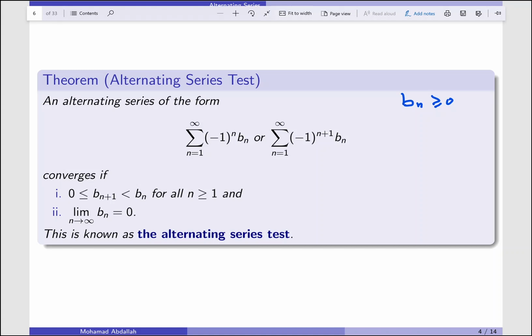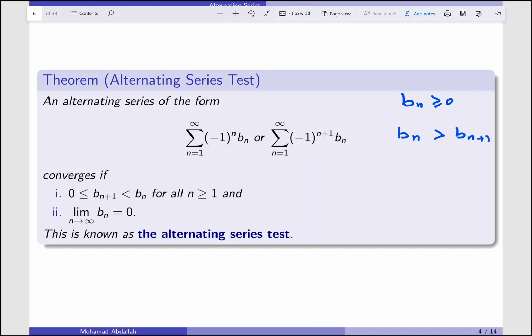The first condition is that the Bn has to be decreasing. Meaning what? Meaning that Bn is bigger than Bn plus 1. Okay, so each term is bigger than the next term. Like for example, B1 is bigger than B2, B2 is bigger than B3, and so on.